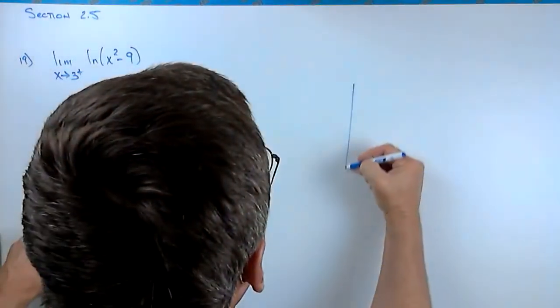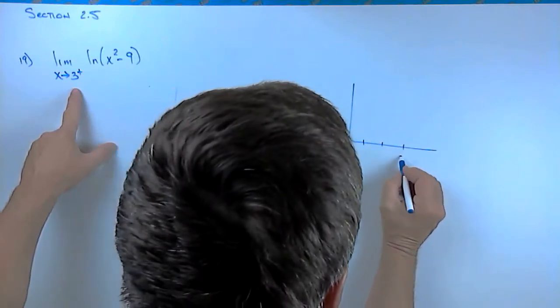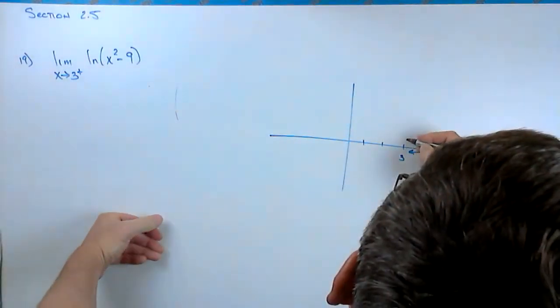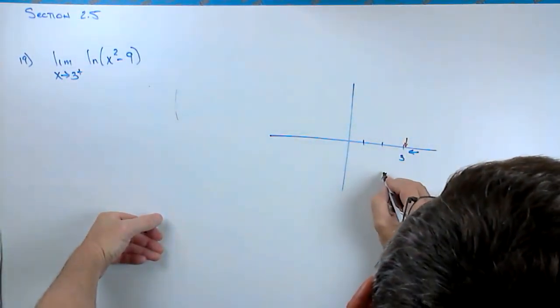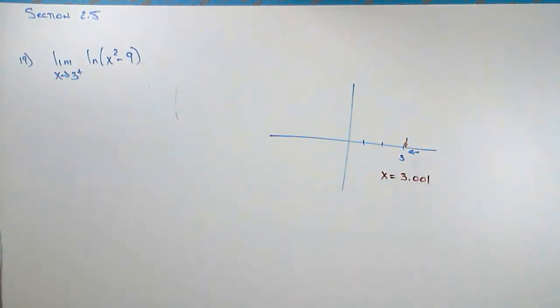And again, on a graph, 1, 2, 3, we're approaching 3 from the right. We're coming in this way. So mentally, we're going to pick a number right here, like x equals 3.001 again.